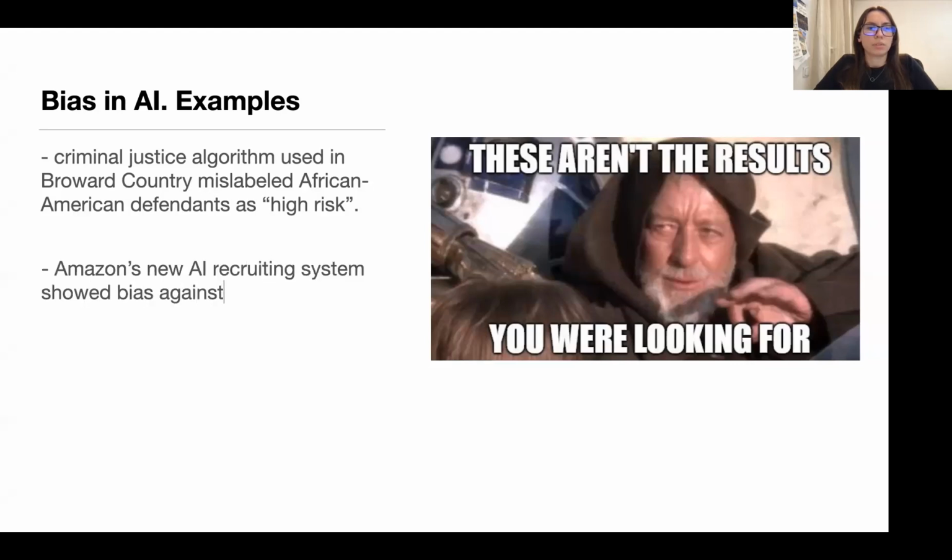Another example is the Amazon recruiting system. They developed a system to evaluate applications of different candidates, and at some point they noticed that this system showed bias against women, so it was accepting more male applications.